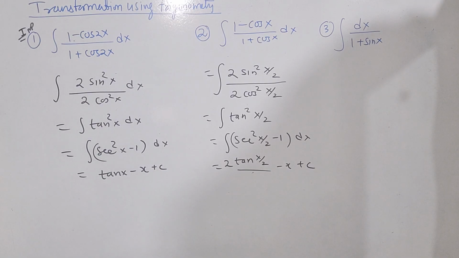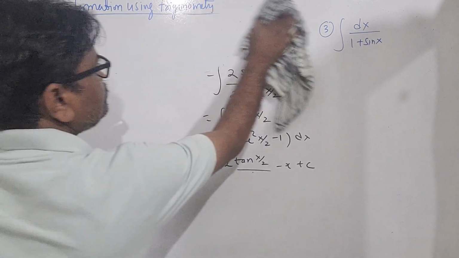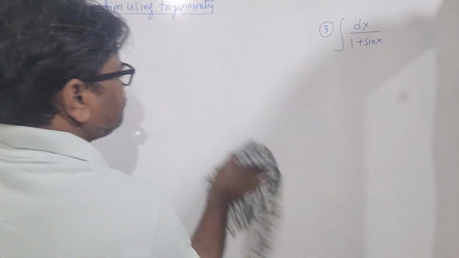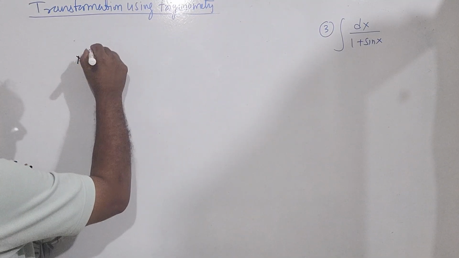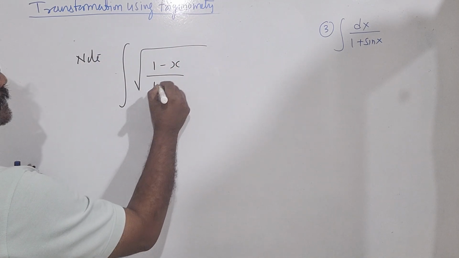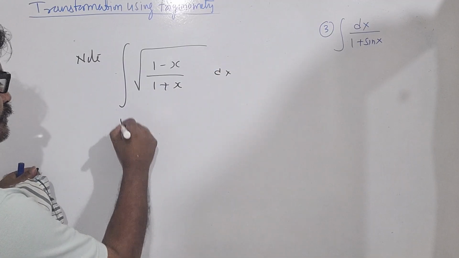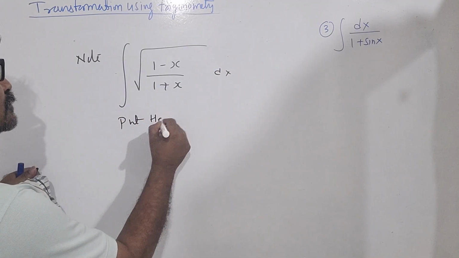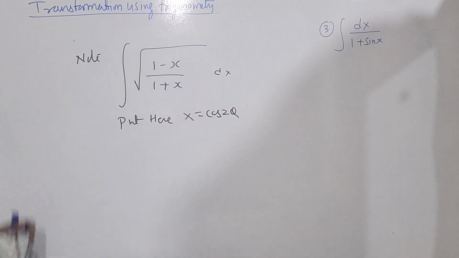Correct. Now coming to the third one, that is a special problem. The third one is a very important problem. These all problems are very fundamental. See, one important point you can note. What is that? Whenever we have the integration of something like square root of (1 minus x) by (1 plus x) dx, what we have to put here in the substitution method is x equal to cos 2 theta, or cos theta also you can put.